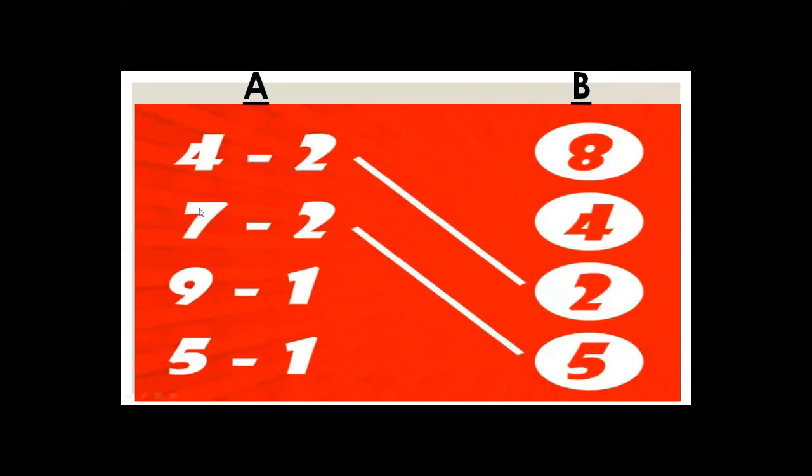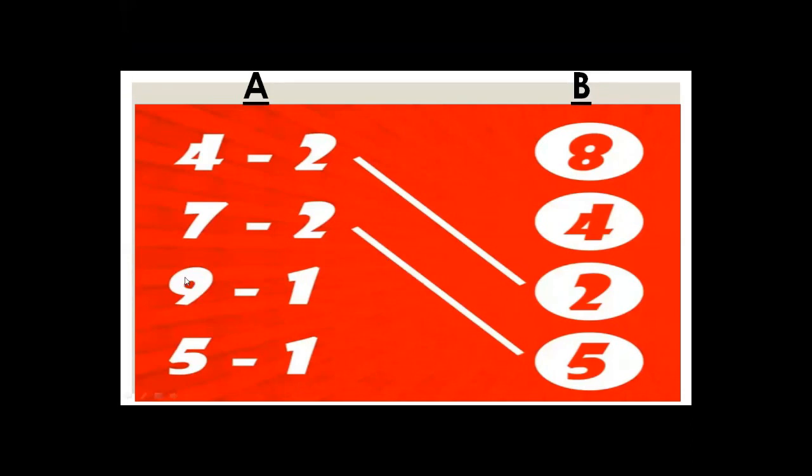If you want, you can use your fingers and lines for subtracting. You count 7 fingers on your hand, and then subtract. So how many are left? 5. So you match it. The correct answer is 5.